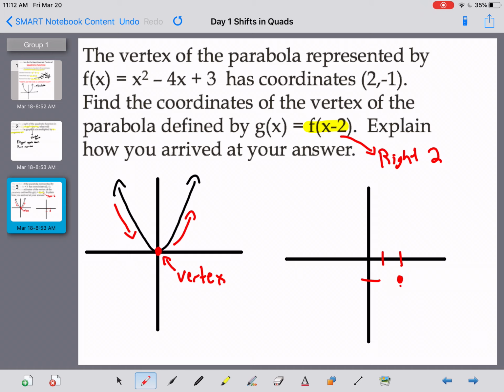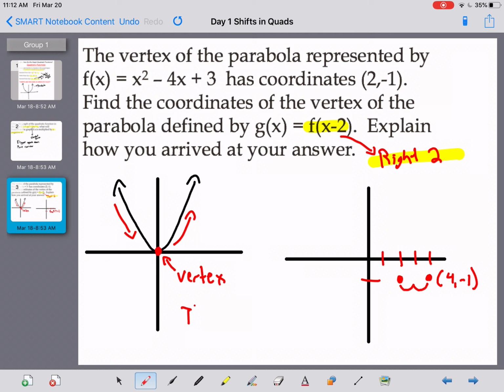So I take my vertex and it just moves to the right 2 spaces, 1, 2. And this would be my new vertex, which is 1, 2, 3, 4, negative 1. So my new vertex is 4, negative 1. And this explanation here of moving right 2, that's how I arrived at my answer.